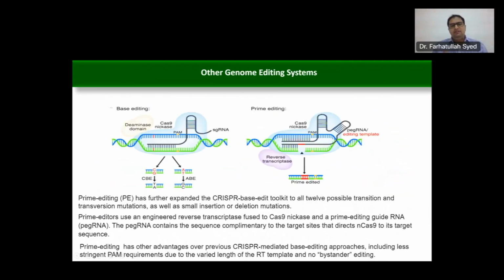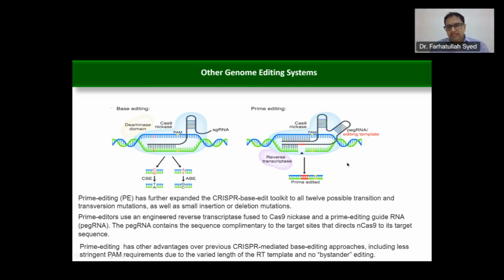However, 60% of the pathogenic mutations in the human genome can be corrected by base editors, but the remaining transversion mutations cannot be corrected. So other scientists have developed prime editing, which is a modified Cas nuclease that has Cas9 nickase fused to reverse transcriptase, and it has a pegRNA, which is a prime editing guide RNA.